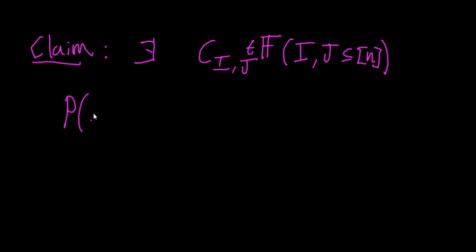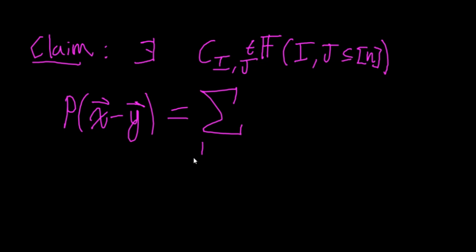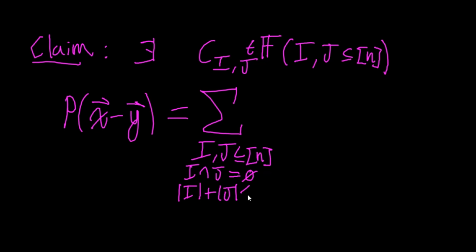If we evaluate the polynomial p at the difference between the vectors x and y, it equals the sum over all I, j, these indexing sets that are subsets of the natural numbers up to n, such that I and j are disjoint, and the cardinalities of I and j sum up to a number no greater than d.